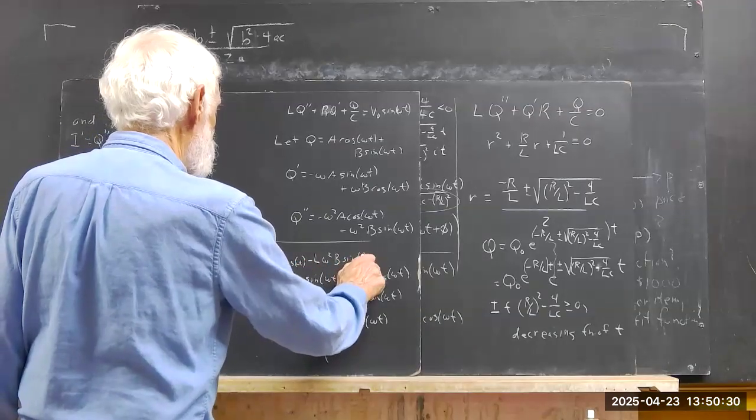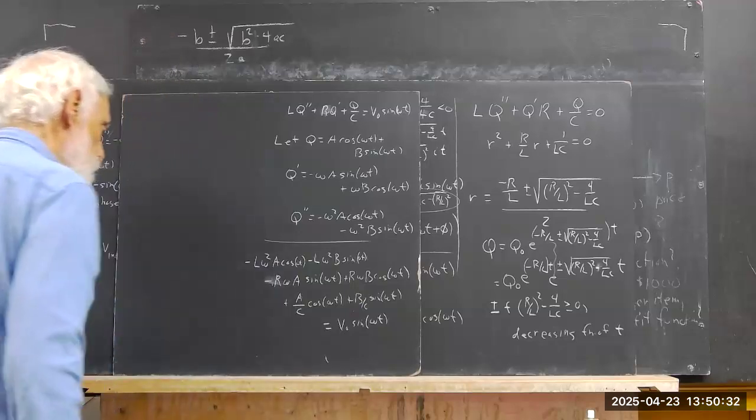So we understand there are omega t's in all these parentheses.